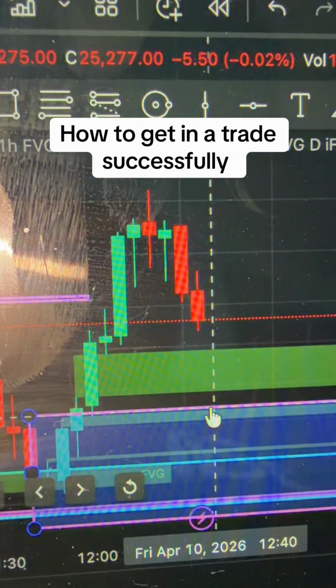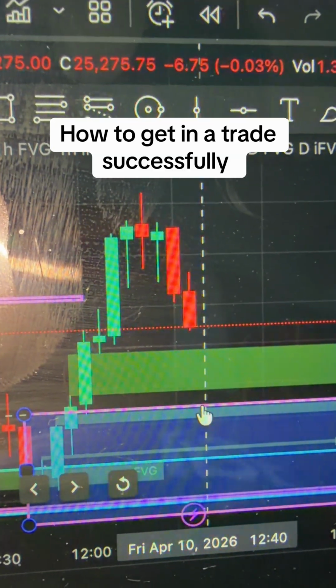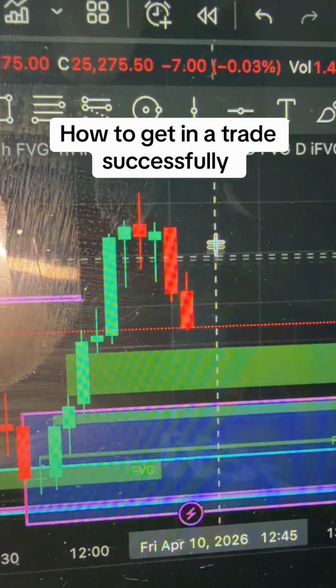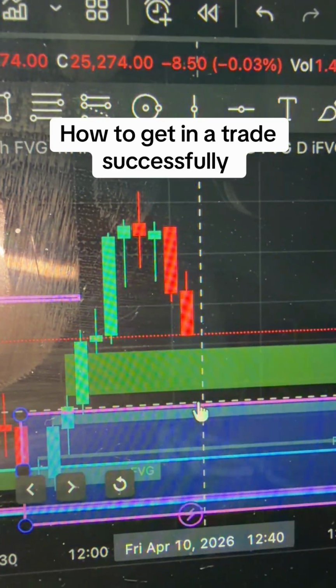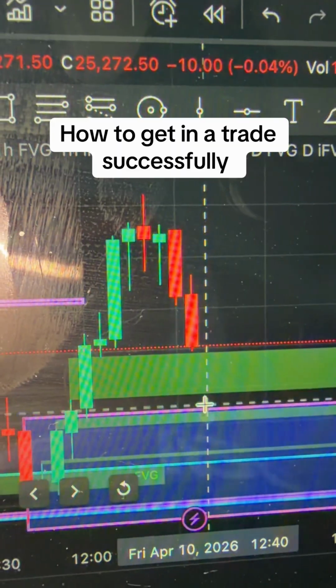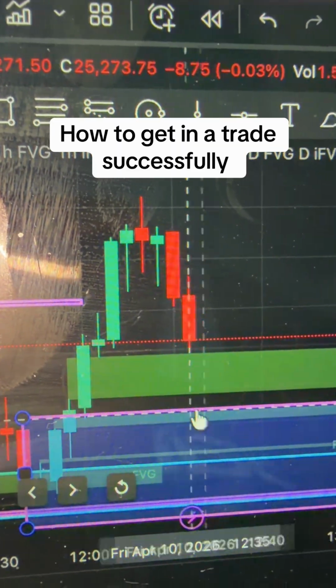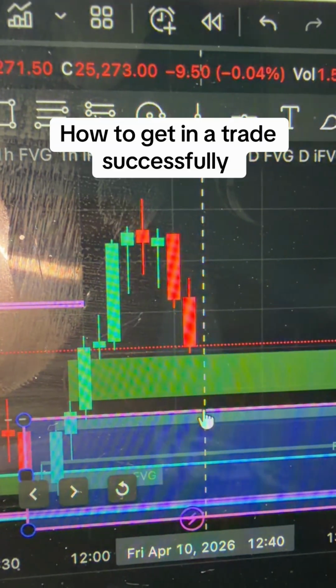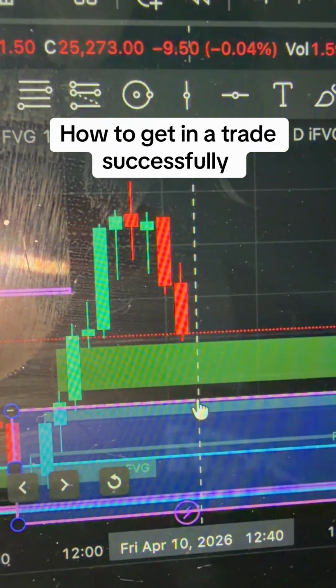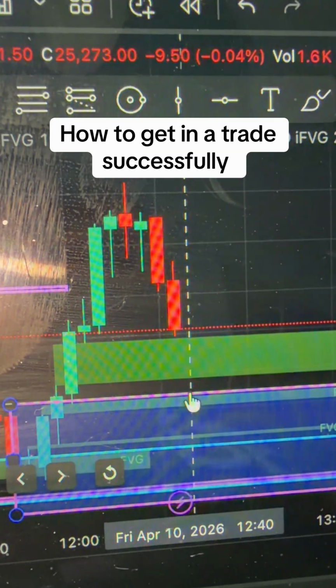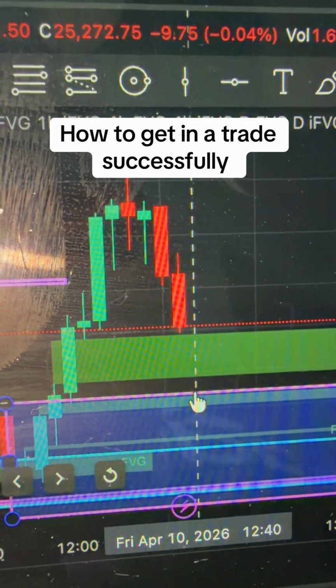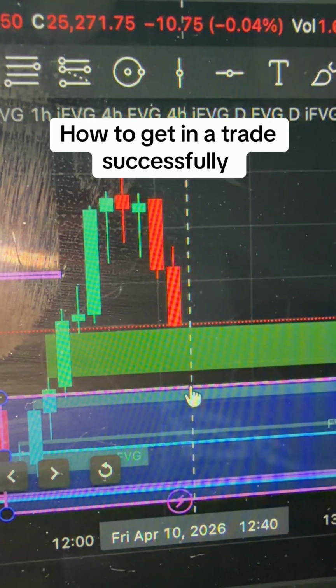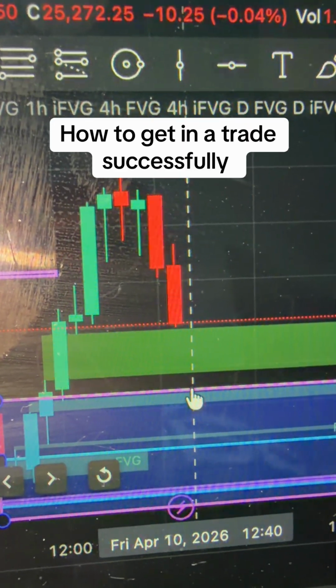So right here, what I normally do if I'm not sitting down watching the charts, I'm going to set an alert. For those of you who know how to set alerts, I suggest that you do, because the minute that it taps into the zone is when the doors are opening up to say, come on and let's go together. You're entering into the trade zone.